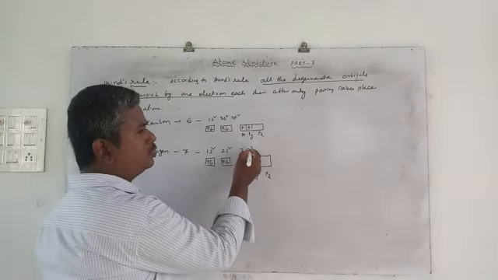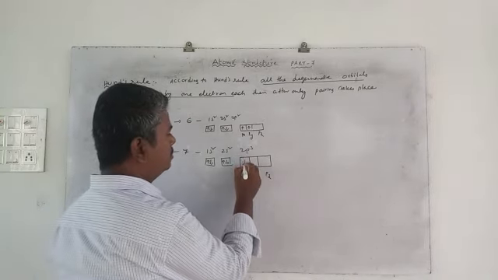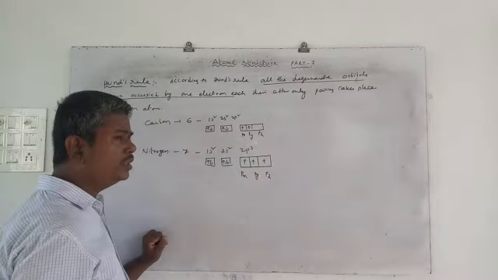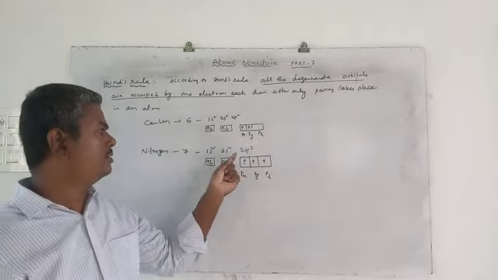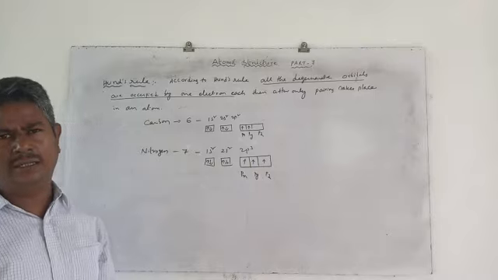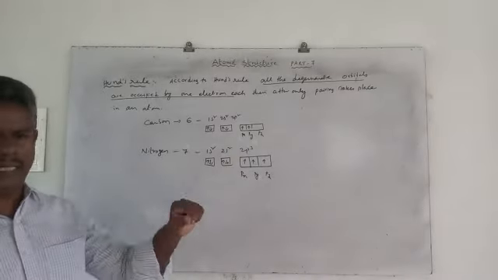So how many electrons in 2p? 3 electrons: first electron, second electron, third electron. The 3 electrons occupy all the degenerate orbitals available here.